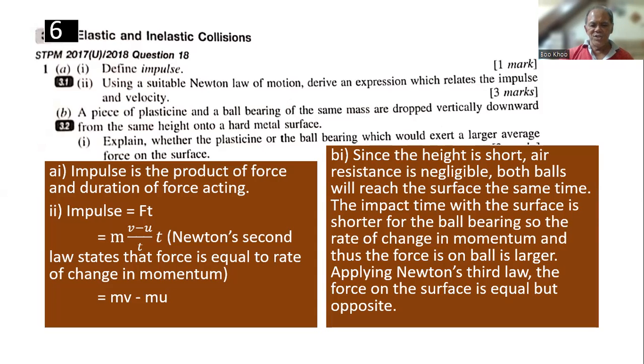Since the height is short, air resistance is negligible. Both balls will reach the surface at the same time. The impact time on the surface is short for the ball bearing, because the ball bearing is hard. So the rate of change in momentum, and thus the force on the ball, is large.